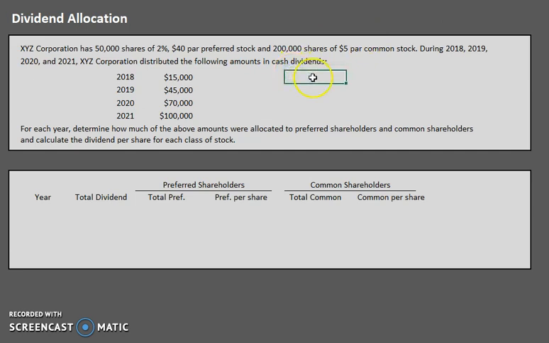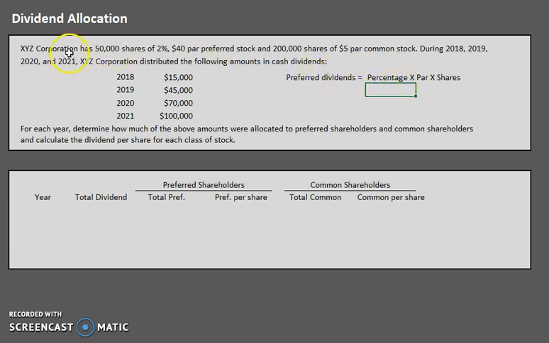In order to do that, we need to use a formula, and I encourage you to remember this formula going forward. Preferred dividends equals percentage times par times shares. So percentage times par times shares, always.